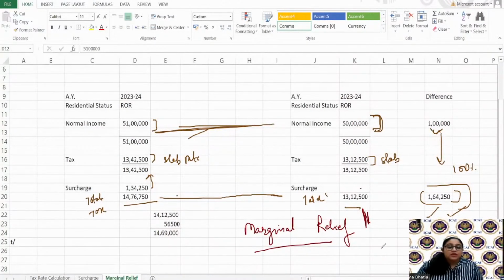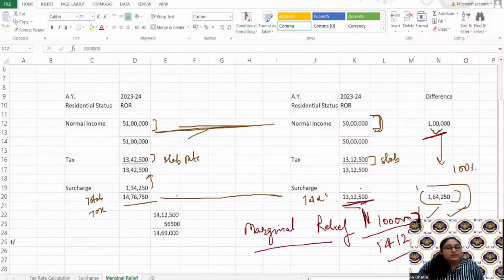So that means the additional tax cannot be more than 1 lakh. So the total tax would be 14,12,500. So the additional tax which I would be paying on the additional income cannot be more than 100% of the income. So the maximum tax which you can take from me is the additional income itself.